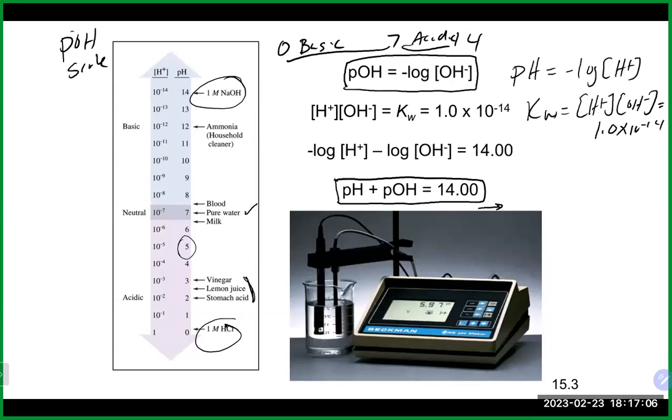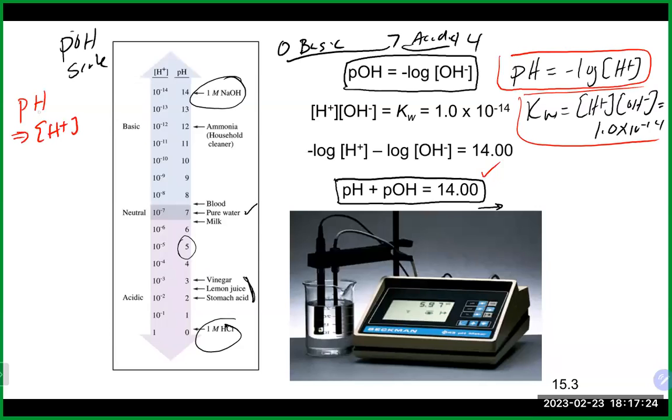These are important, the pH and the pOH, and obviously this guy in our kW. But if we do have the pH value given to us, from the pH value, we can calculate the H plus concentration, which would be the inverse log of the minus pH.